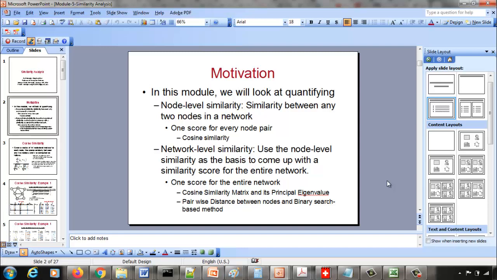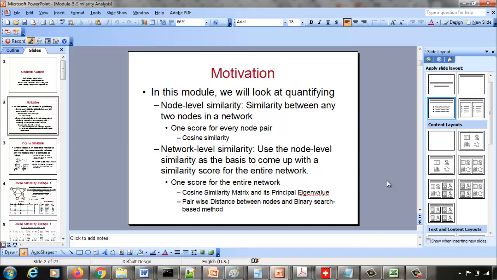And then we'll also look at quantifying the similarity among the nodes at the network level. That means we'll try to come up with one single score that will quantify the similarity among the nodes in the entire network. We'll look at two approaches for that.